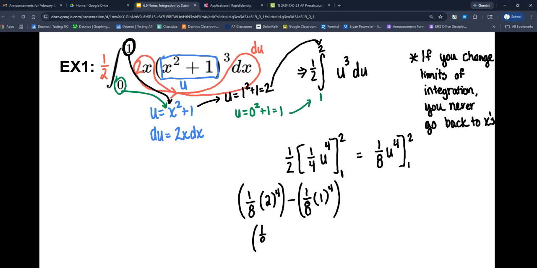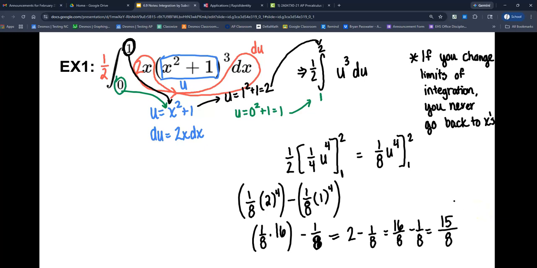So I've got 1/8 times 16 minus 1/8, and that is going to be 2 minus 1/8, which is 16 over 8 minus 1 over 8, which will give us 15 over 8 for our answer.